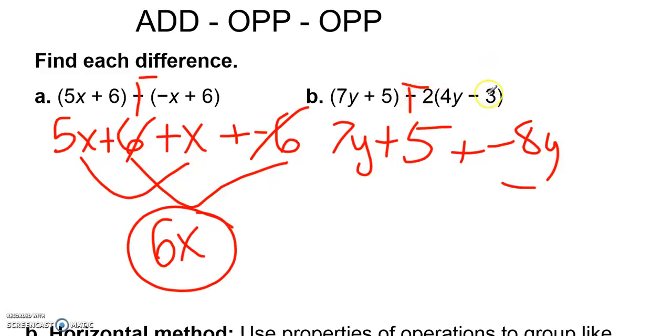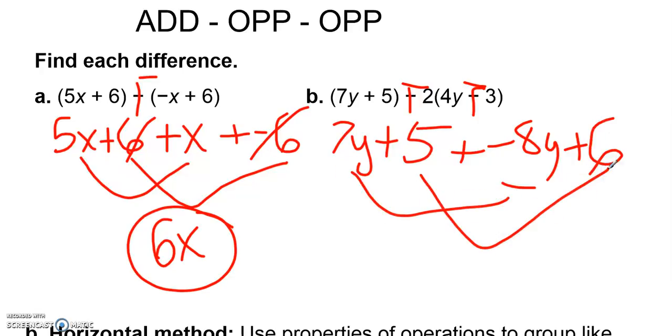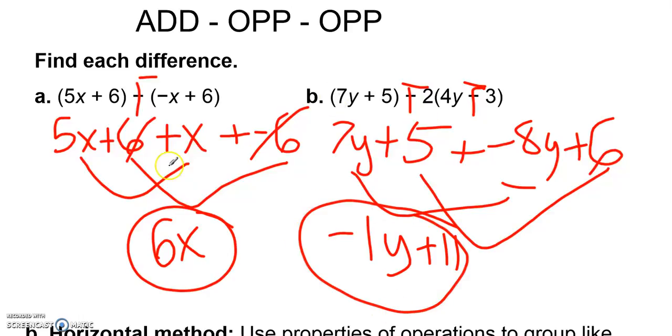And then negative 2 times negative 3 is going to give us a positive 6. And then like terms. So we get 7y plus negative 8y. 8 minus 7 gives us a 1. It's going to be a negative because the 8 is larger. And then 5 plus 6 gives us 11. So this is our answer. Yay. So awesome.